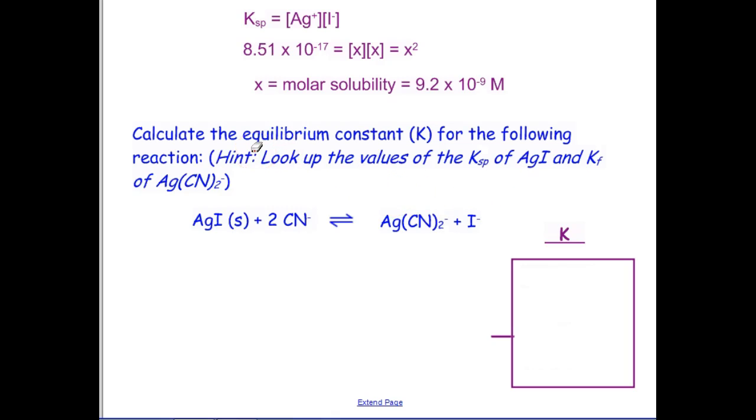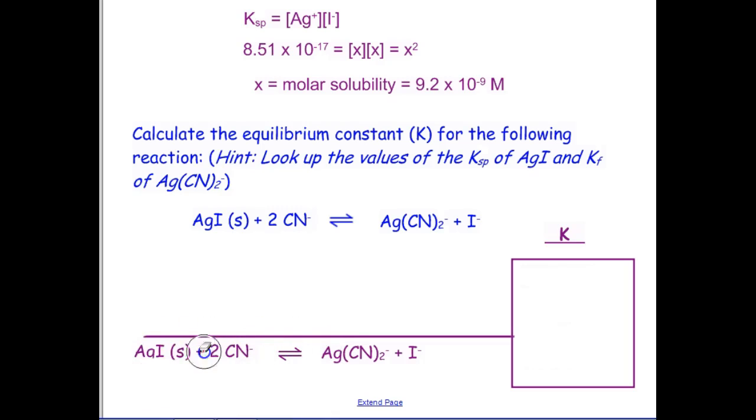So pause the video, try writing the net ionic equations for the KSP and the Kf, find their Ks, write them in this box, and multiply so that you end up with the equation at the end. That is our target equation. So pause the video and see if you can do that.